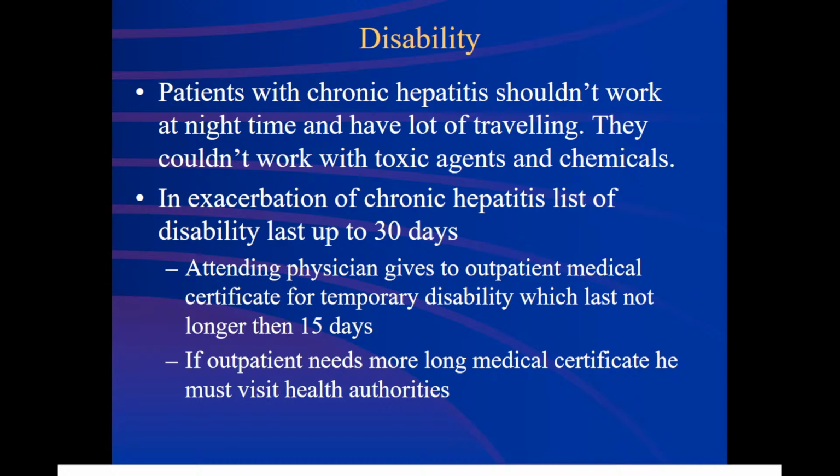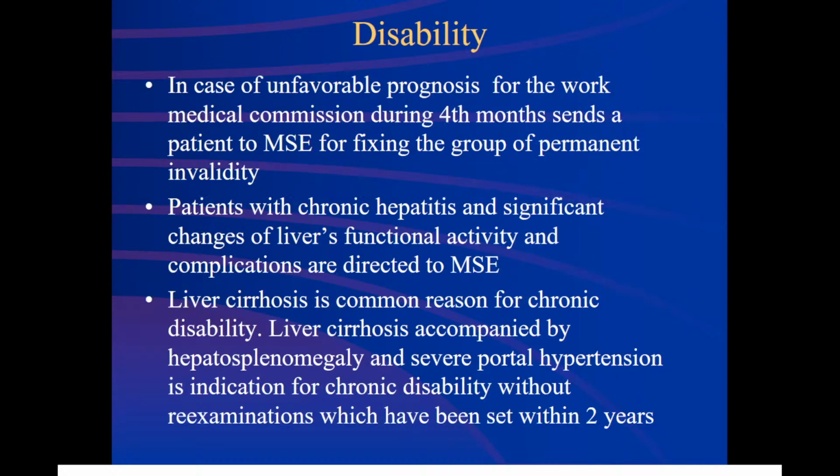In exacerbation of chronic hepatitis, the sick leave lasts up to 13 days, sometimes up to 14 days. The attending physician gives the outpatient a medical certificate for temporary disability which lasts not longer than 15 days. If the outpatient needs a longer medical certificate, he must visit health authorities.